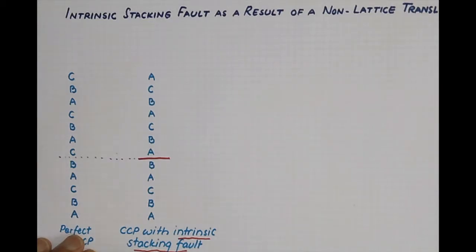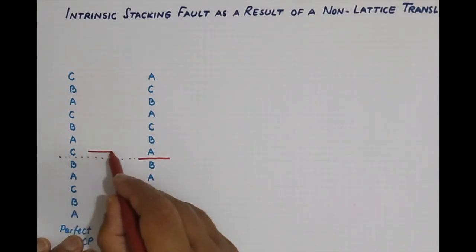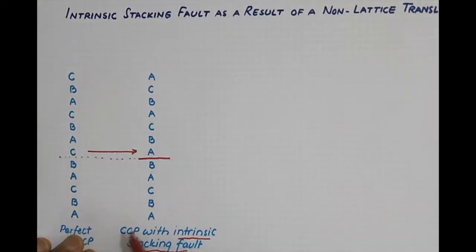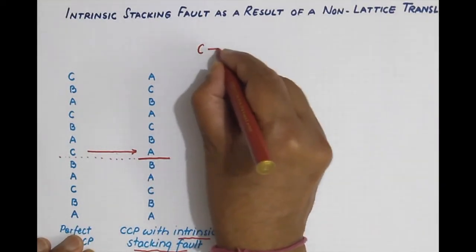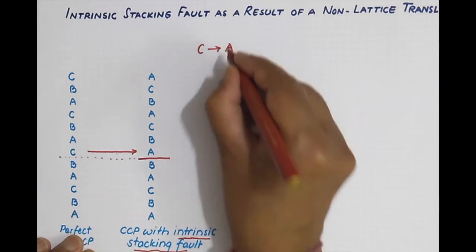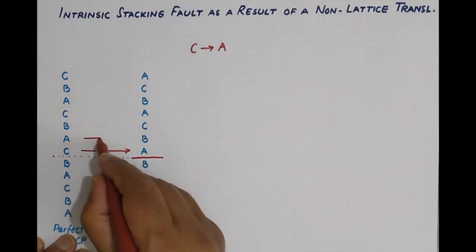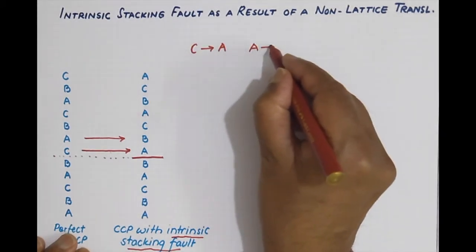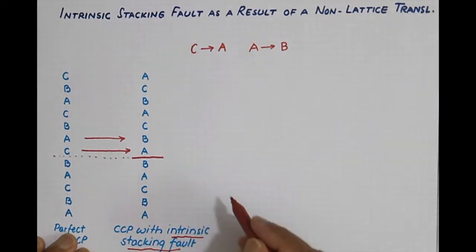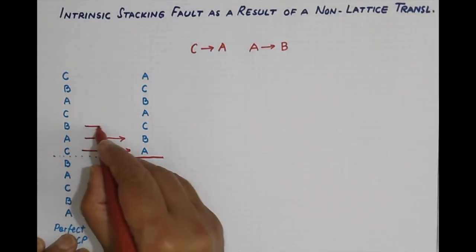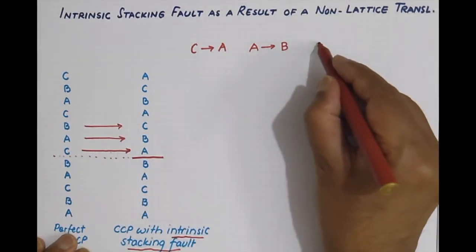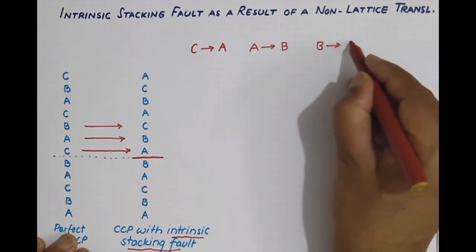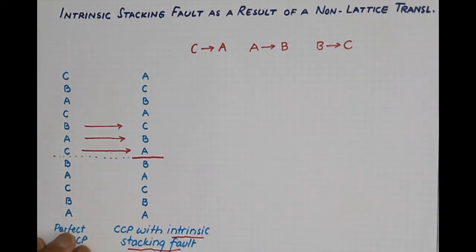So this means that C has shifted to A. C goes to A, and A has shifted to B. So A goes to B, and B has shifted to C. So B goes to C. So this kind of shifting has taken place. What is this shift?